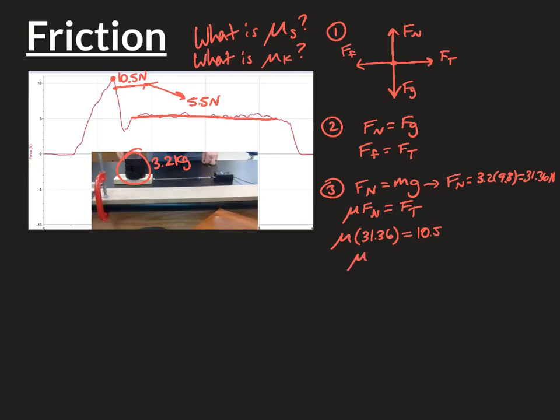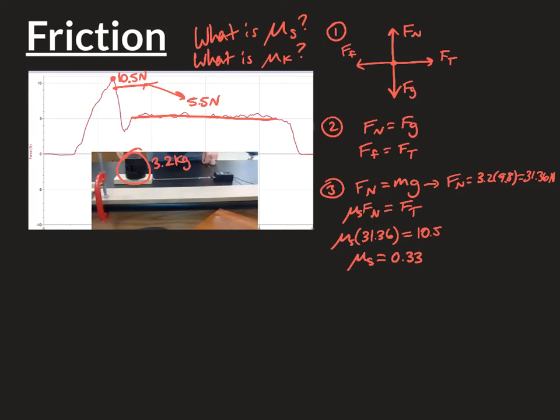So if I solve for the coefficient of static friction, and I'll put an S on that to notate that it's static, it'd be 10.5 divided by 31.36, and we would get a coefficient of 0.33.